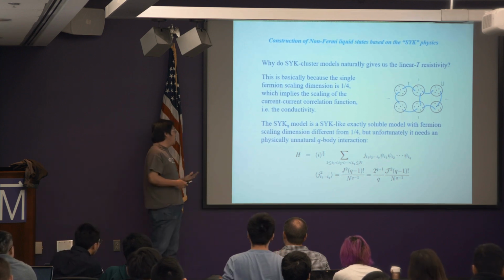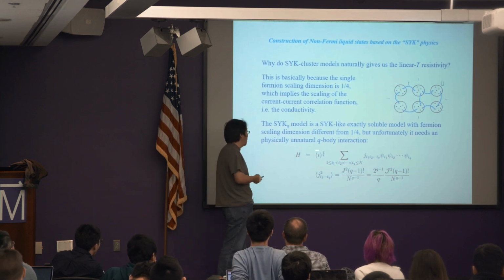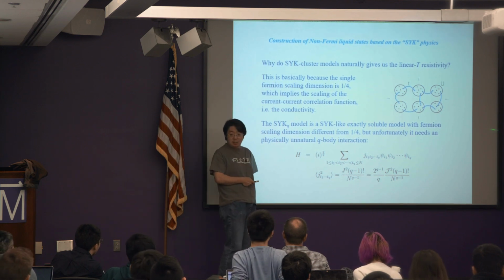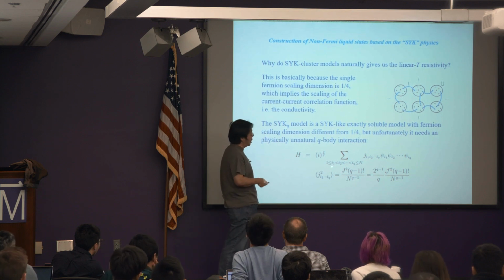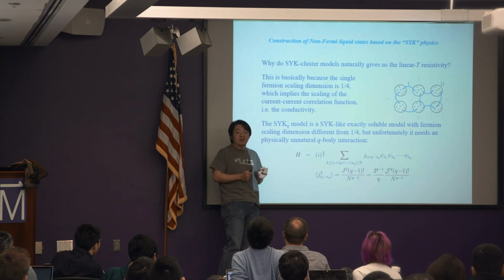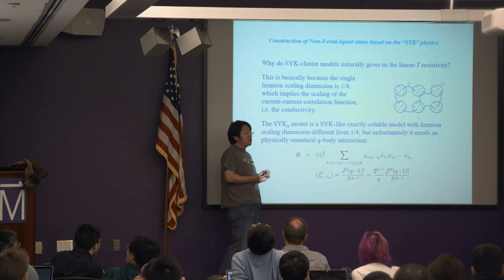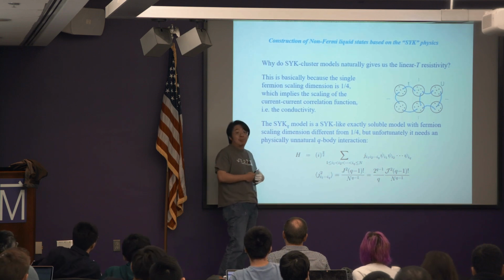Indeed, we have such theories, called the SYK-q model. If we only have a q-body interaction in this kind of fermion interacting theory, then every fermion will have a scaling dimension 1/q. A scaling dimension of 1/q will give us a different scaling of the electron current operator.